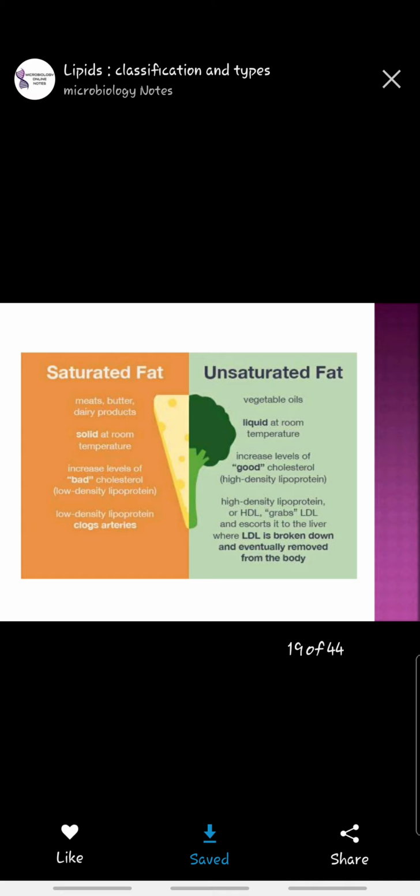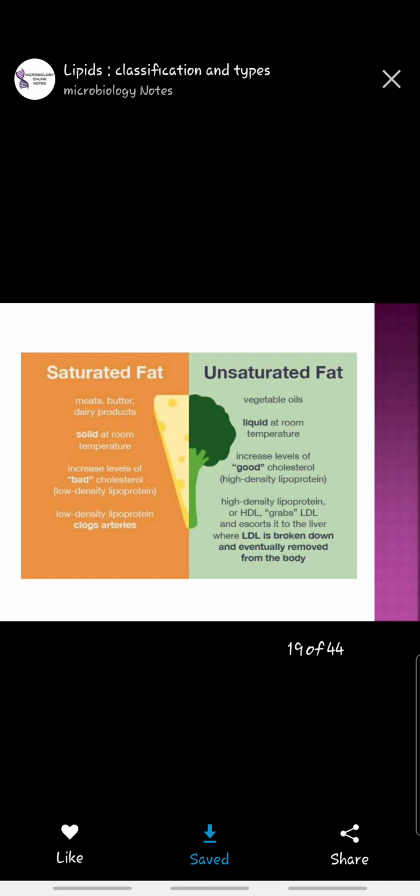Now let's know the differences between saturated fat and unsaturated fat. It is said with this labeling that saturated fats are meats, butter, dairy products, solid at room temperature, increase levels of bad cholesterol, and low density lipoprotein clogs arteries.